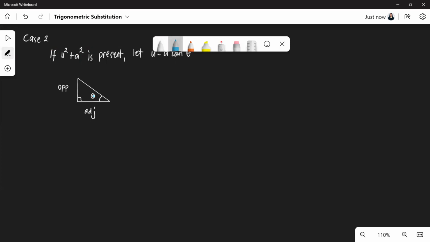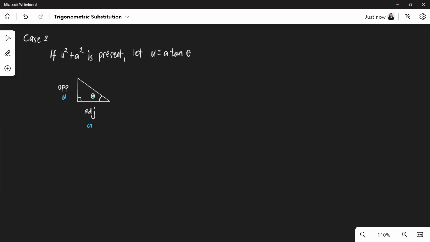We can put the u here, the differentiable function of x, and the a here. So the hypotenuse would be the square root of u squared plus a squared, again from the Pythagorean theorem: the hypotenuse is equal to the square root of the sum of the squares of the other two sides of the right triangle.